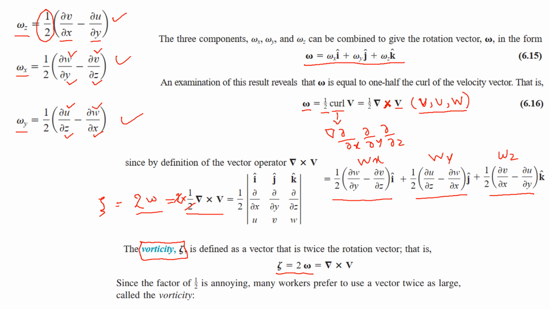So vorticity is twice the rotation vector. This is our definition for vorticity. This is what represents the angular motion and deformation. So hopefully this was clear.